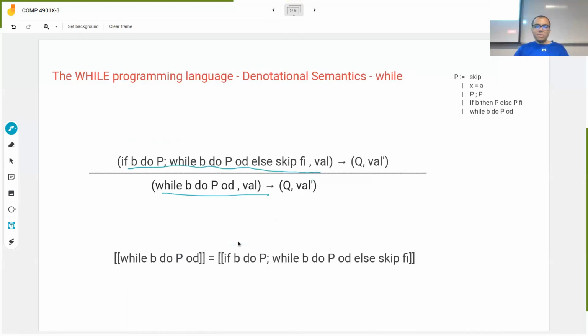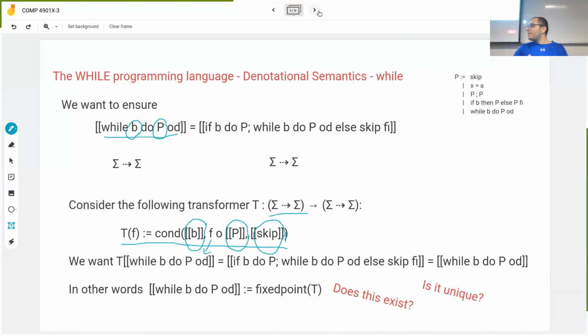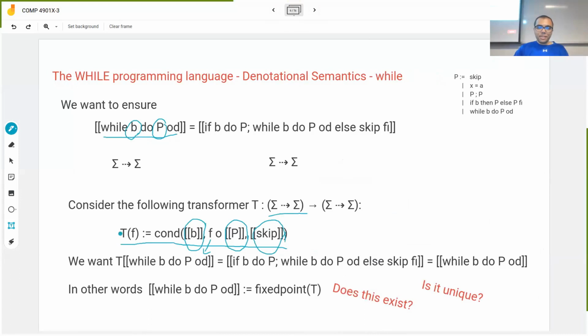Okay, but we are doing it not on a syntactical level, but on a semantics level. So now I have this transformer which basically takes my program at a semantic level and rewrites it. But what did I say?